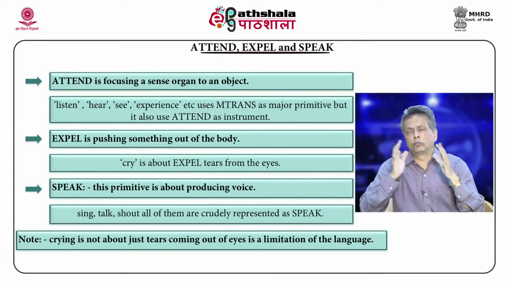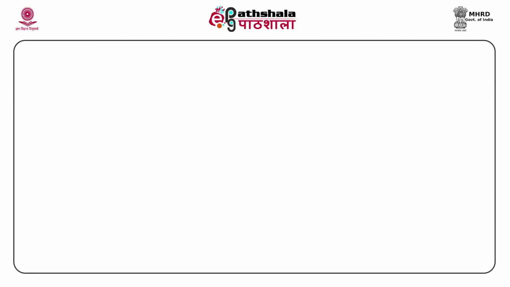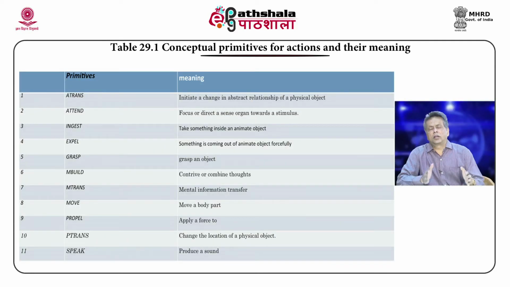I have talked about the primitives which are most commonly used, but please understand that this is Schank's view. He thought of these primitives. If you start thinking from the ground level, you probably come out with a very different set, maybe exclusively different from this particular set, and still be able to represent your statement. So, it is not that these are the primitives, or this is the list.